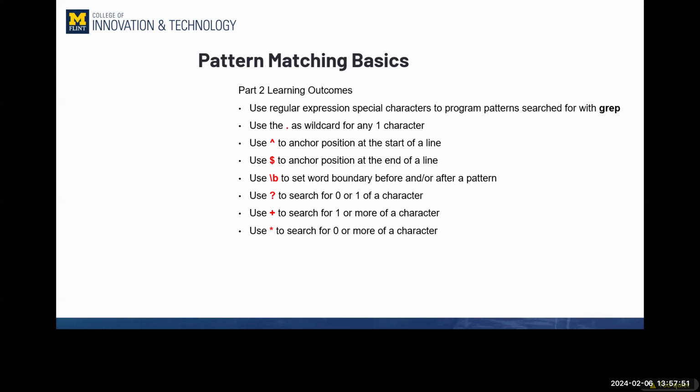However, if we put file plus .txt, it means we need at least one character after the word file. That means we cannot accept file.txt. We should have at least filea.txt or file1.txt or fileabcd.txt. But at least we need one character or more after the word file.